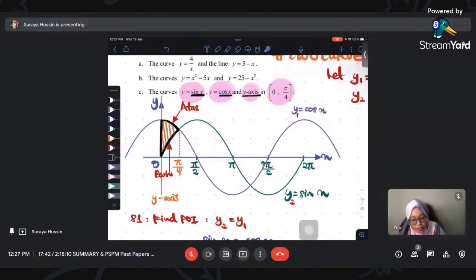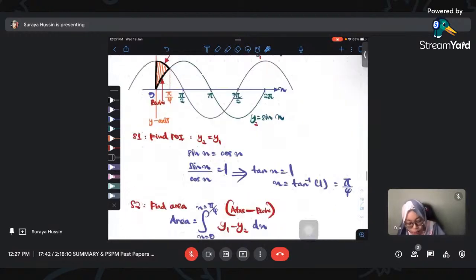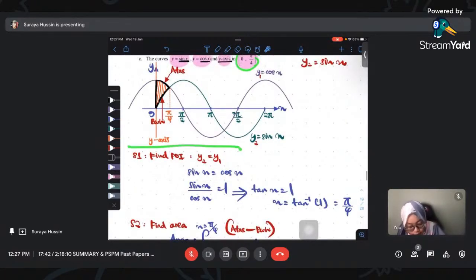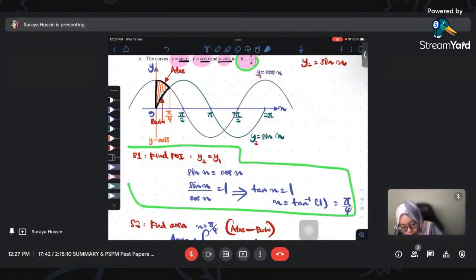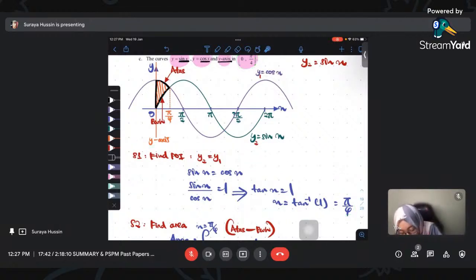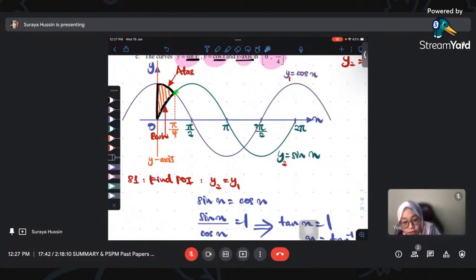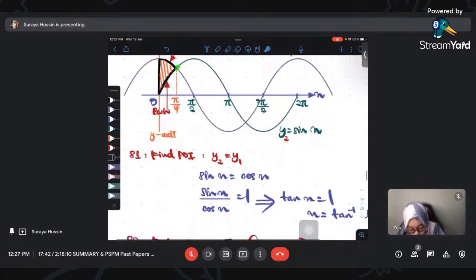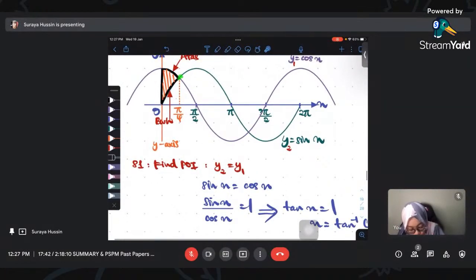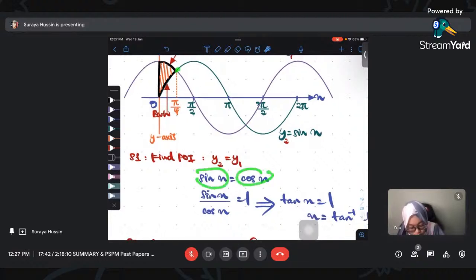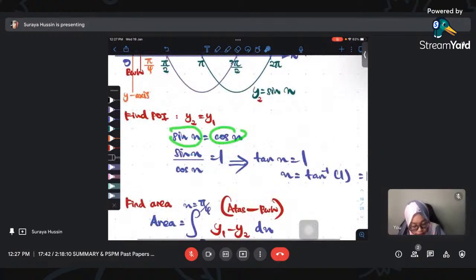Kalau dia tak bagi limit, kita boleh cari limit dengan cari POI. POI apa miss? POI di mana point of intersection di antara dua graph. This is it. Di antara dua graph, this is the point of intersection. And so, you equal both graph and then you find the value of x.